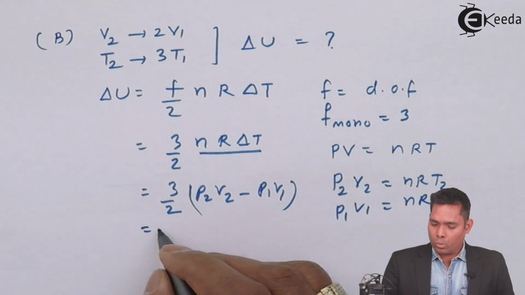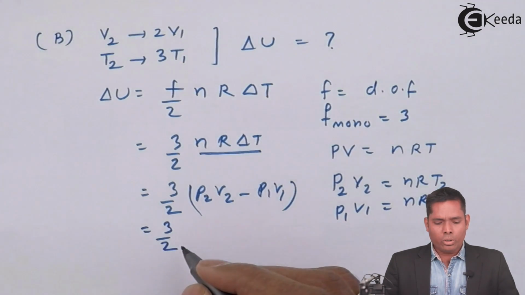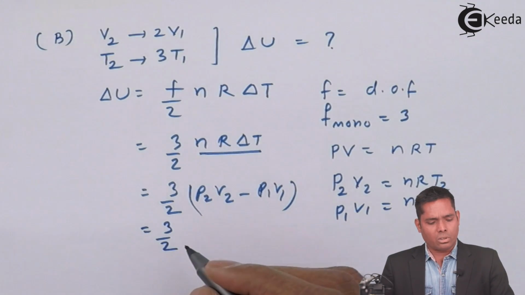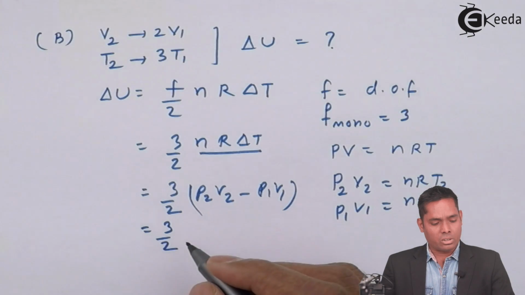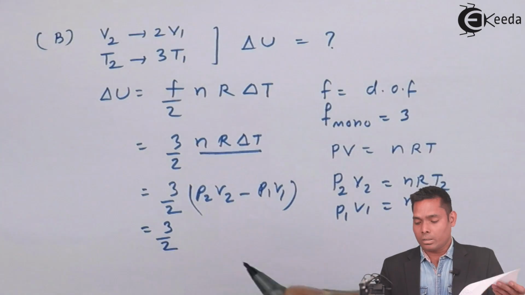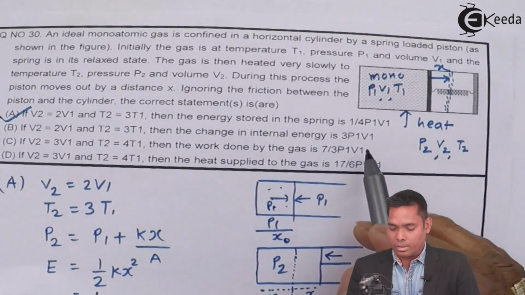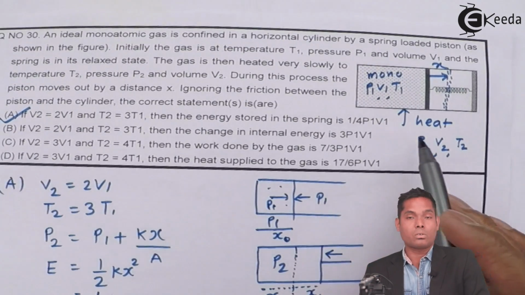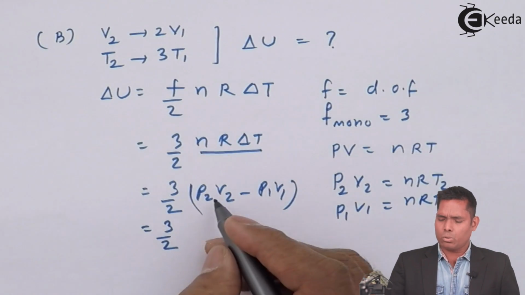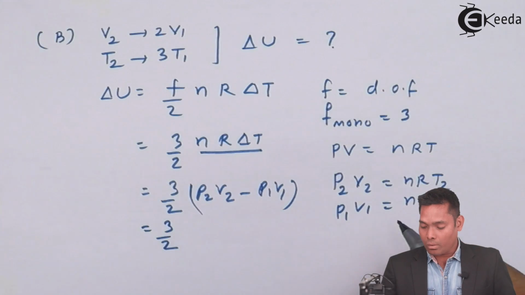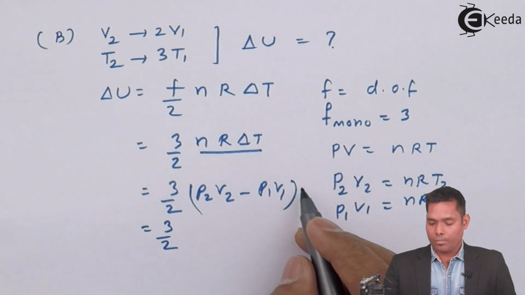Now to get this, I have to write the answer in terms of P1 V1, because the answer is in terms of P1 V1. So I'll replace P2 V2 and write in terms of P1 V1.